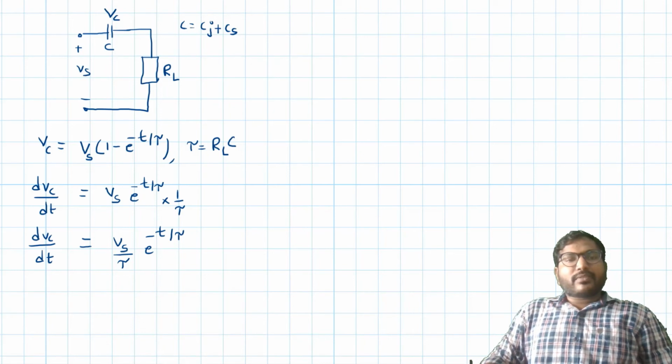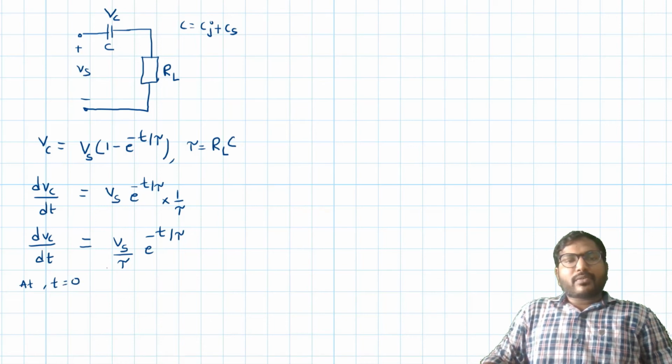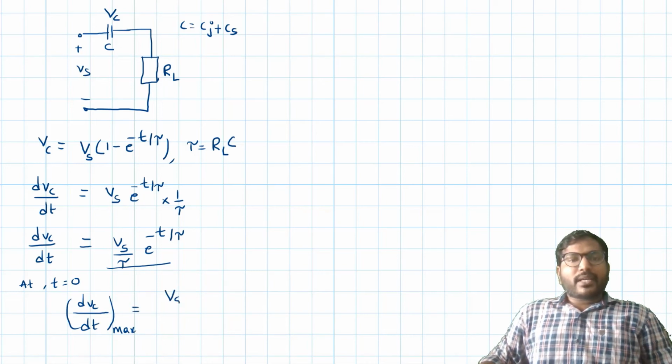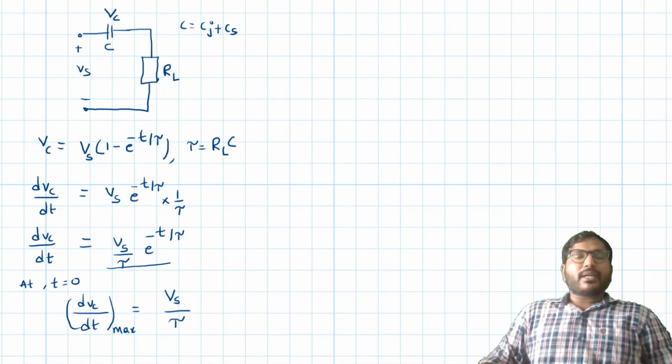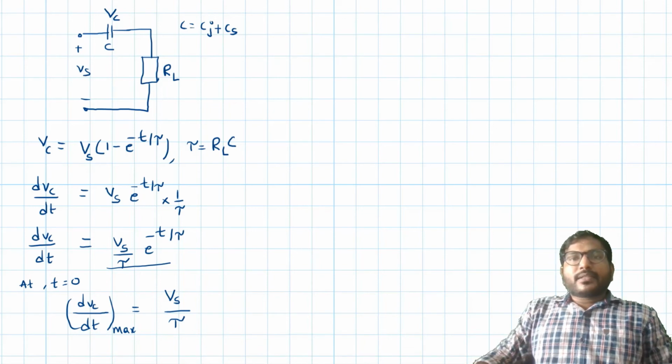This will be maximum at t equal to 0. That means dVc by dt max is equal to Vs by tau. So this is the maximum dV by dt across the SCR here.